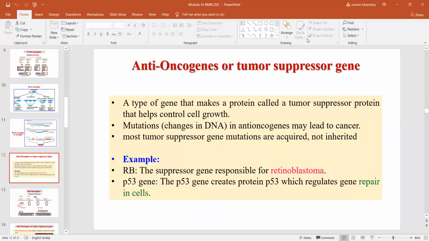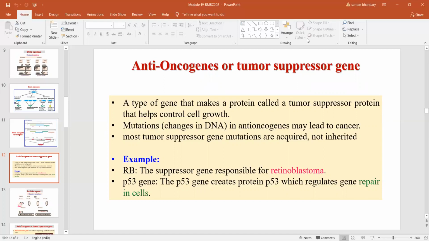Now, the second type of gene that we have is an anti-oncogene, or rather you can say tumor suppressor gene. As the name suggests, this particular type of gene makes a protein called the tumor suppressor protein that helps to control cell growth or cell proliferation.